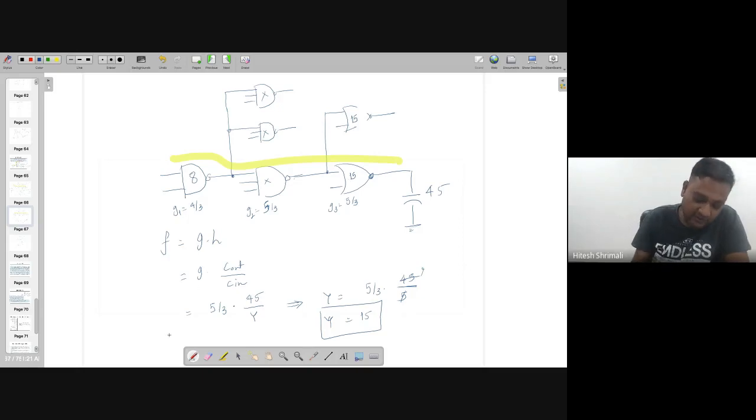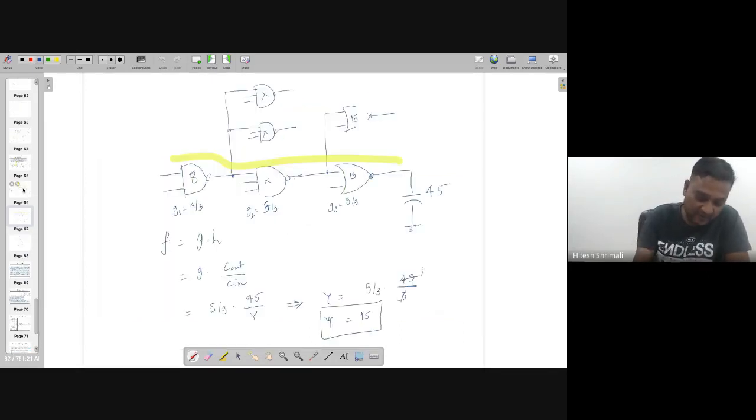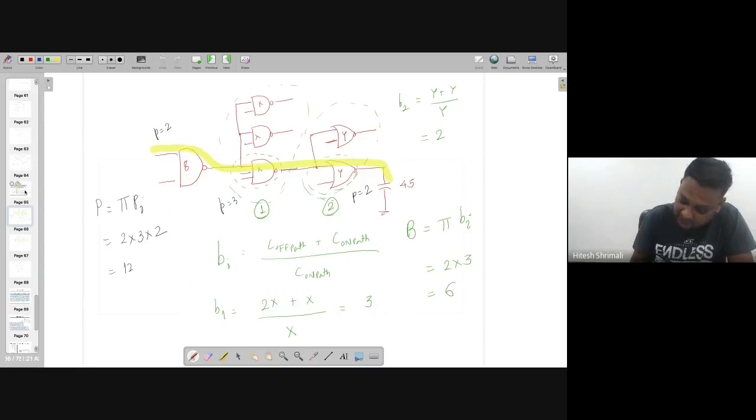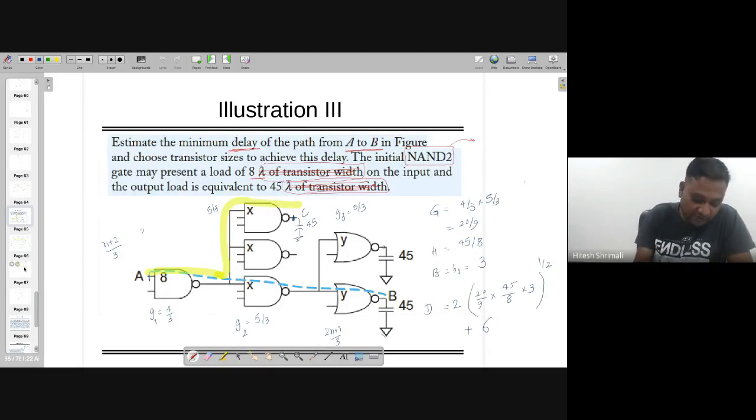Similarly, you can find out the other path, like in the case of x, where x can again be found out with the fact that f equal to gh, where f we already found out is equal to 5. By the way, it's coming from the fact that, if you remember, we kept 125 raised to 1 by 3, where we kept it here, right? This is f actually. So I know that that path is going to give me 5, so that 5 I am keeping here.